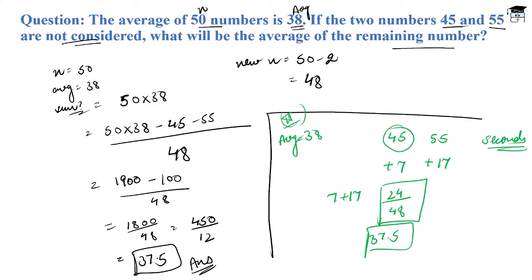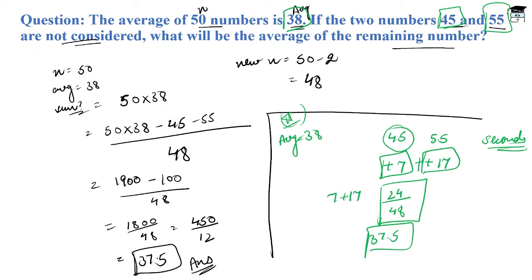And now we know that you don't have to do it with equations. You don't have to waste your time solving questions using long equations. What you can do is, as we did earlier also, make these numbers equivalent to 38 because the average is 38. So 45 is 7 greater, and 55 is 17 greater.